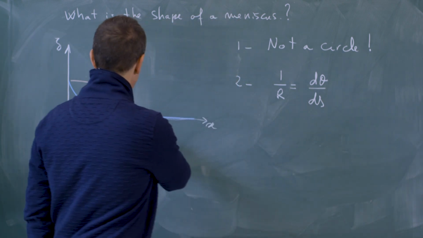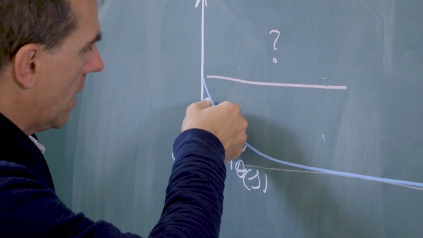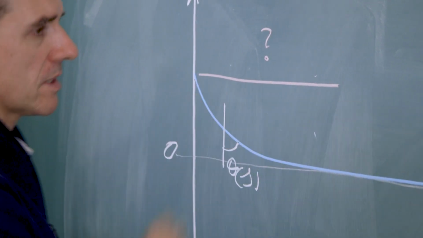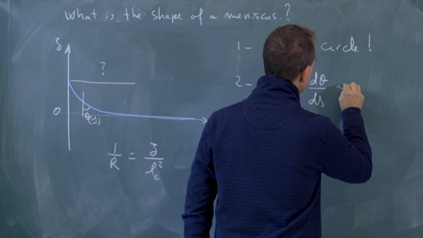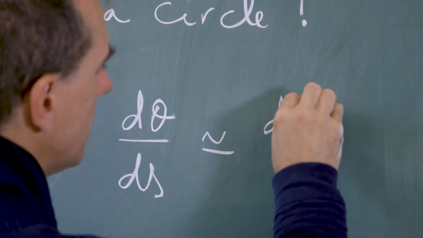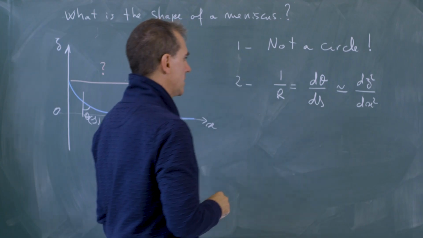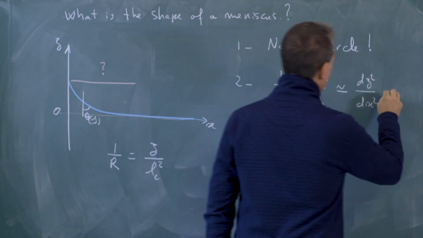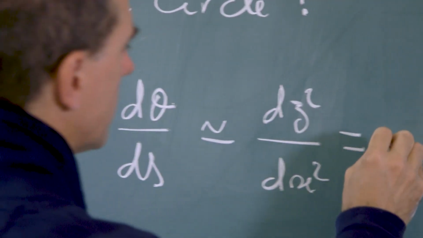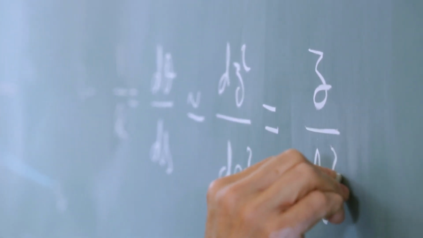And if we are in the region which is not too steep, which is the region as we escape from the contact region, then we can approximate d theta over ds like the second derivative of z, d²z divided by dx². And this reduces our equation to a second order differential equation, d²z over dx² equal to z divided by lc².